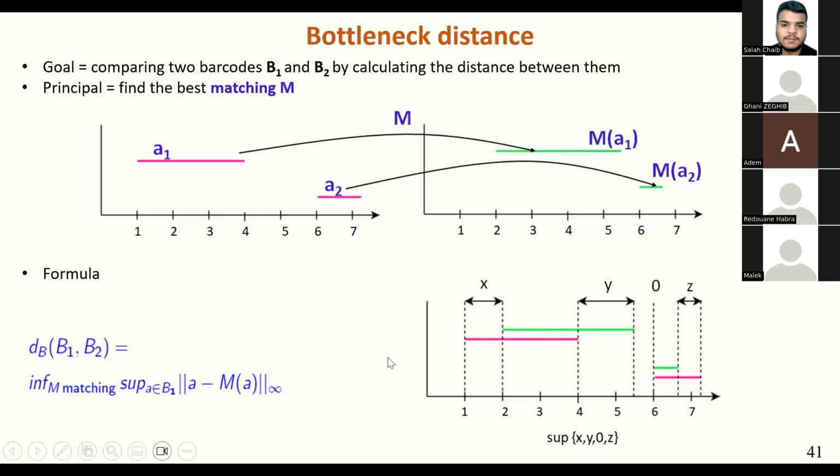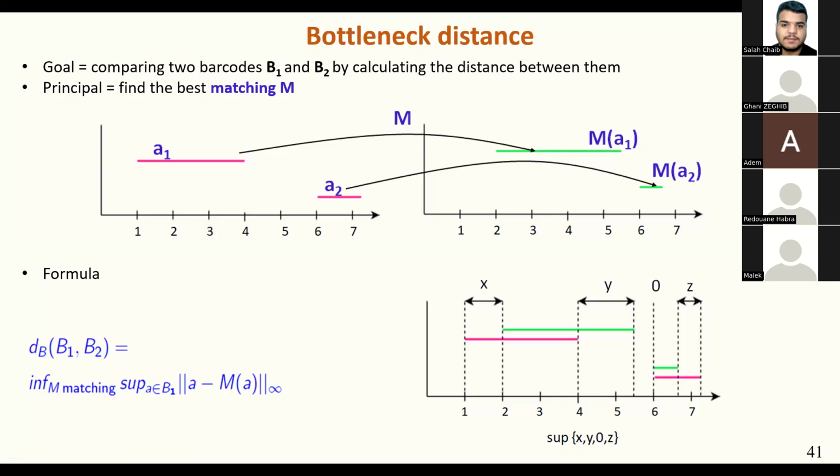When we do this, we take the maximum between those four values, and then we take the infimum over all possible matchings. And this is why I said we will find the optimal matching, because we will find the matching that minimizes this expression. So this is the bottleneck distance.